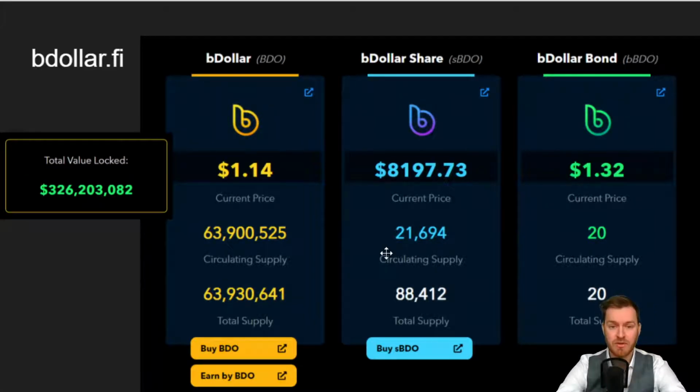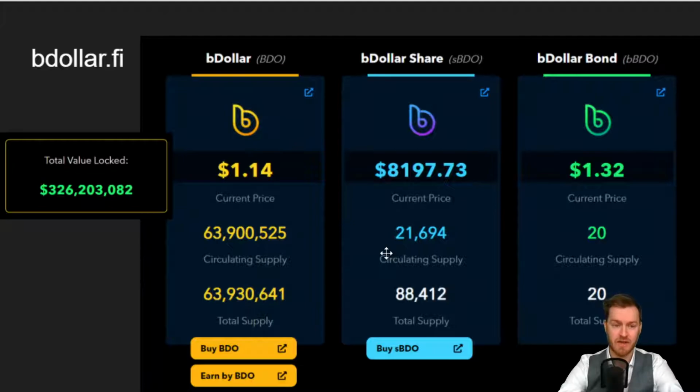If the price of the bDollar drops below $1, people can convert their dollar to a bond, and those bonds can fetch a bonus once the price reaches above $1.15. Once a bDollar is converted to a bond, it cannot be converted back to a dollar below the price of $1.